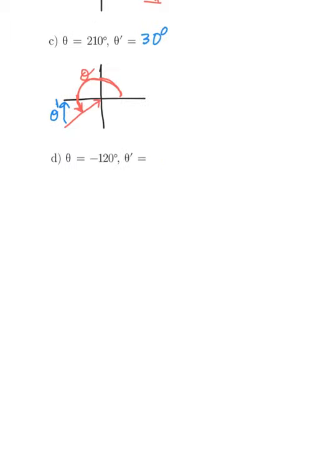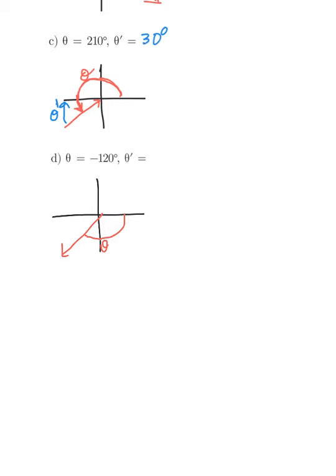On D, our theta is negative 120. So let's sketch that and see what's going on. To do negative 120, we're going to start at 0. We're going to go down, here's 90, and we're going to go past that a little bit into quadrant 3. So here's theta.